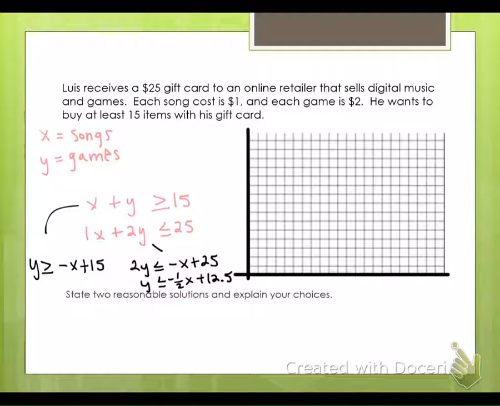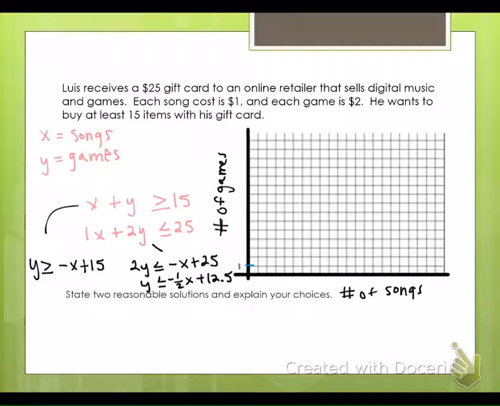So our x-axis is the number of songs, and our y-axis is the number of games. We can count by 1 if we want to here.